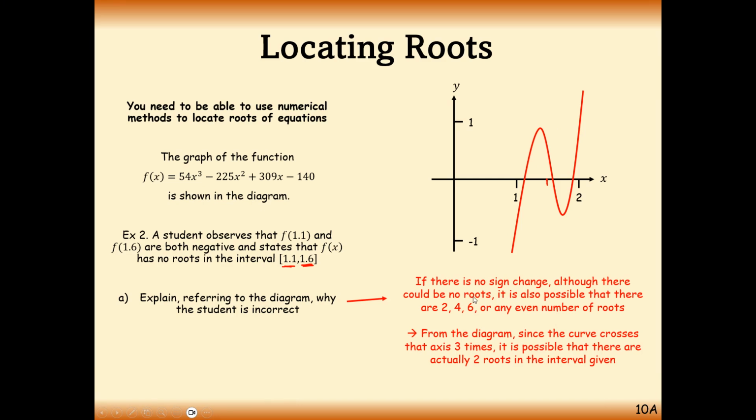So if there is no change of sign, there could be no roots, or possibly either 2, 4, or 6 roots in that interval.